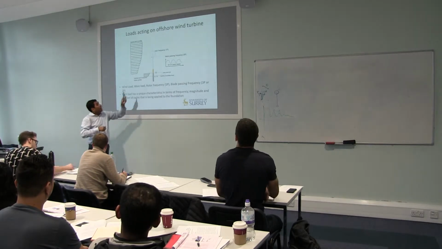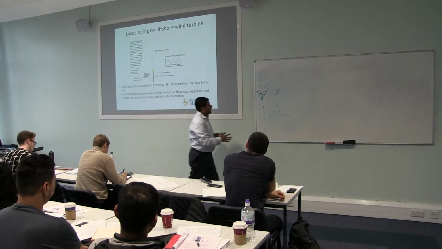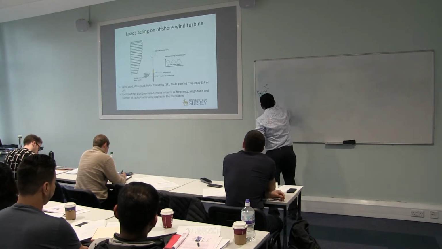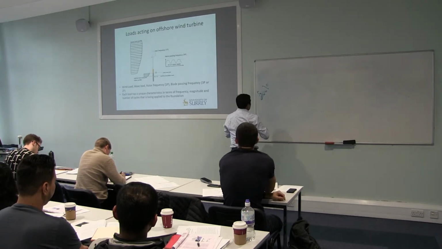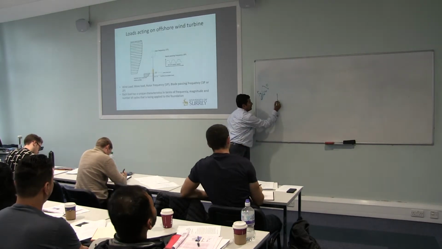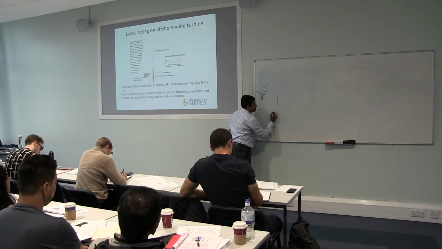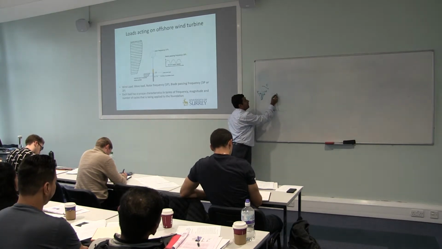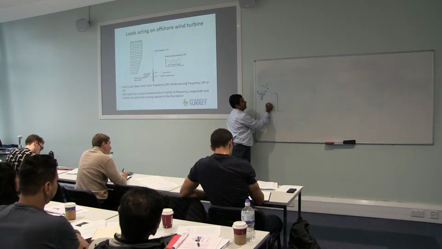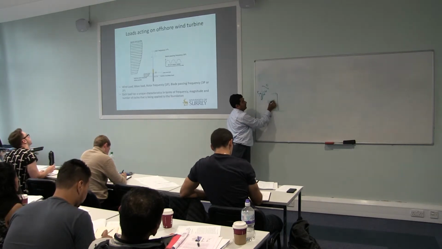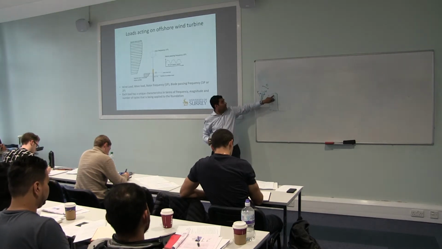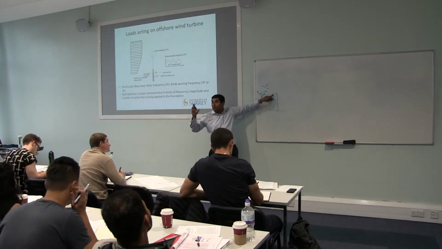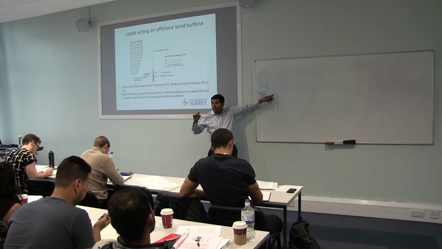So, to do very simplified calculations for wind turbines, let's say that's the foundation level, and that's the hub level, say 105 meters. So here you get the thrust load coming from the blades.